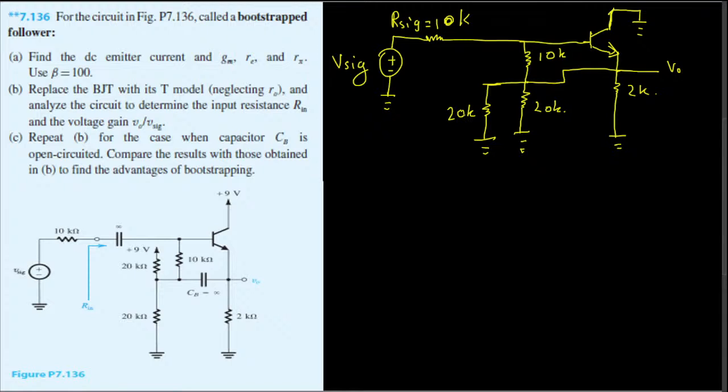Here if you look at this, the 20k, 20k, and 2k, these three are parallel, so we can combine them together and make it just one resistance. If you do that, then this circuit is going to look like this.